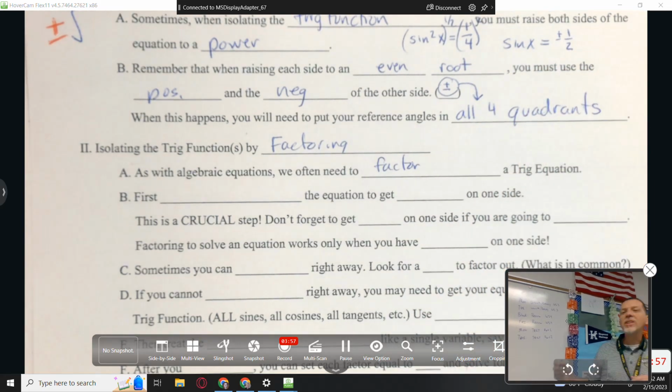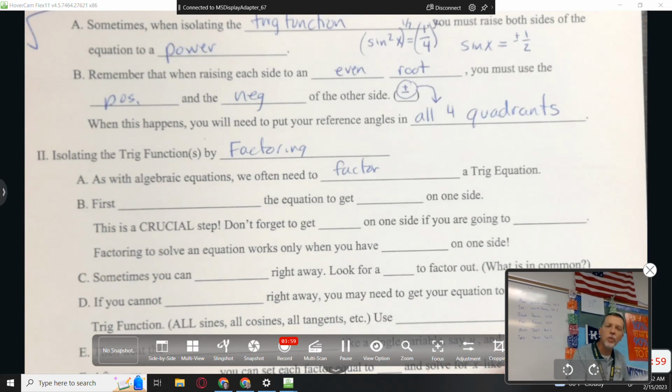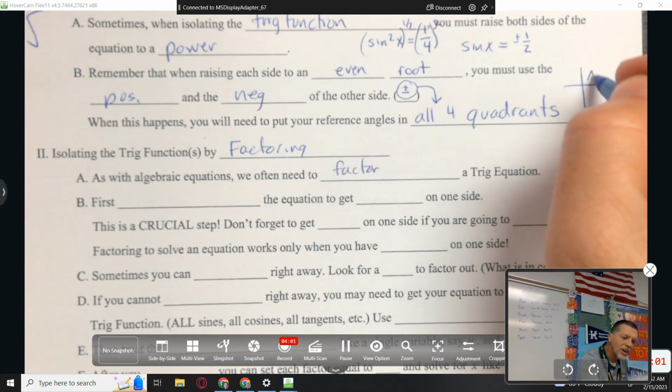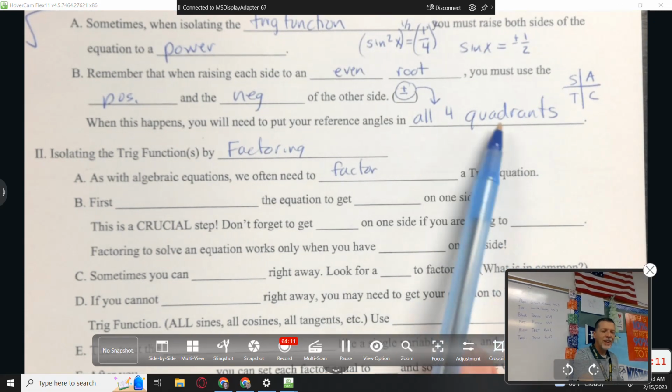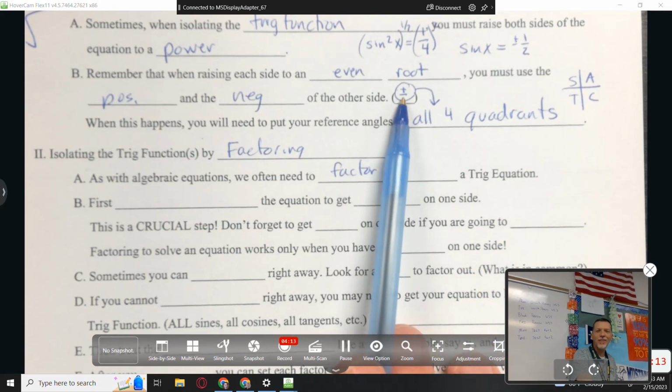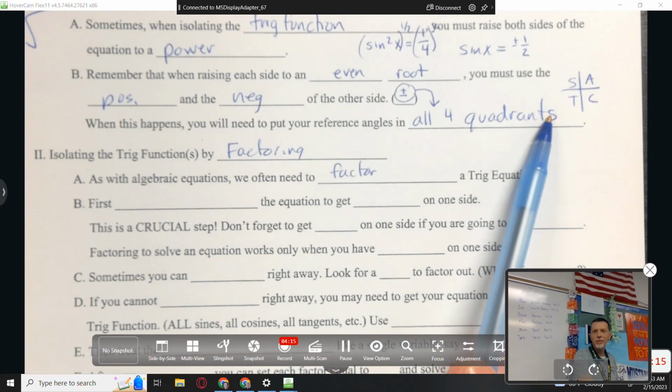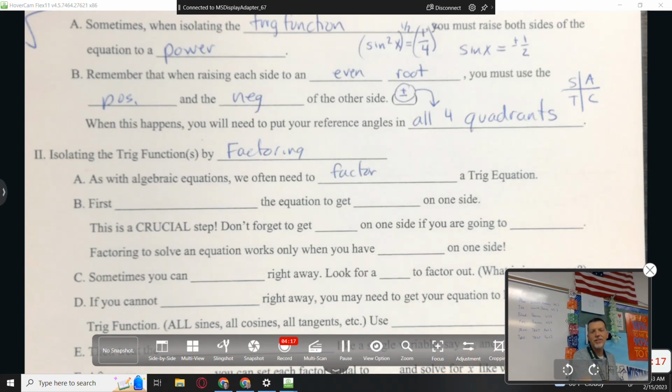So in some ways it's a little easier because you don't have to worry about all students take calculus, because if you're using the plus and the minus, you're just going to be in all 4 quadrants anyway. So if you're iffy on the unit circle, you like these problems because you don't have to worry about where things are positive and negative, because you're just going to grab all 4 quadrants.